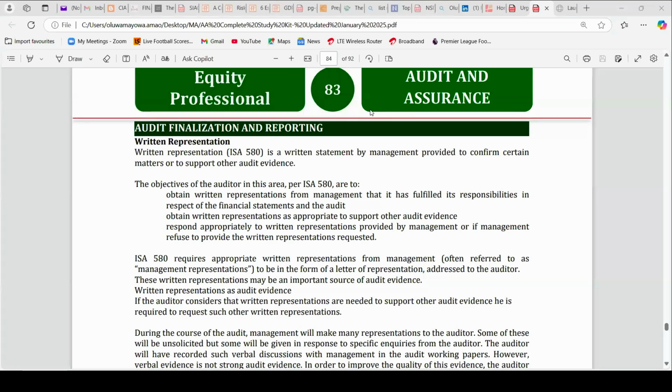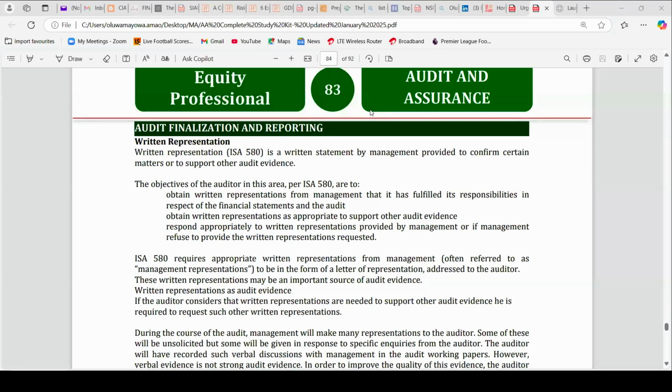Now, that necessitates that the auditor should respond that, even though you provide this in your statement that you value inventory at cost, in the course of the audit, which is in line with the standard that inventory should be valued at lower of cost and net realizable value, we've obtained enough evidence to show that the actual valuation for inventory should have been at NRV.